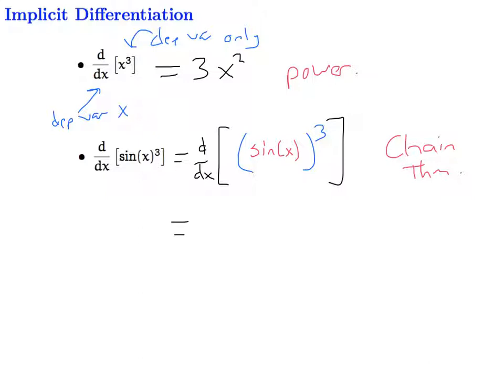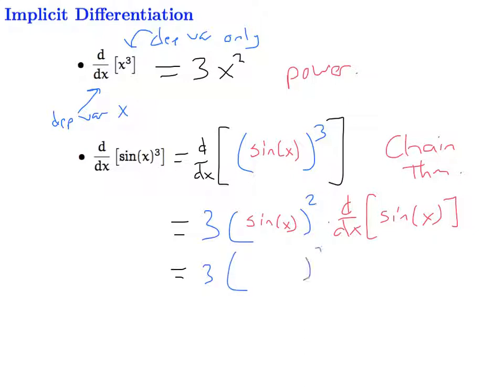Take the derivative of your outside function, leave that inside function the same, and now multiply by the derivative of the inside function. And so when we simplify this down, we end up with just 3. We leave that sine of x alone, and we multiply by the derivative, which is cosine of x. Not too bad.